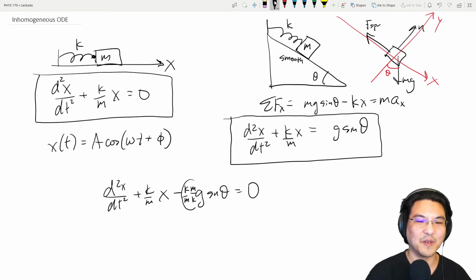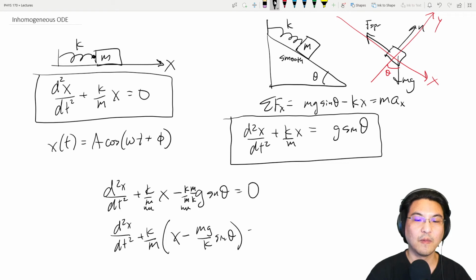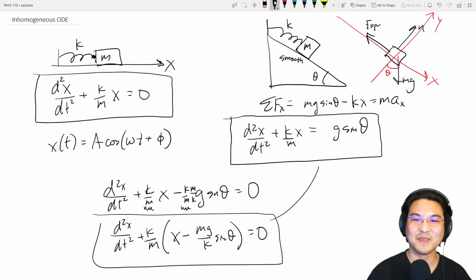Right? k over m, m over k. I mean, that's 1, right? You can always multiply something by 1. But now, see how they have a common factor? I'll rewrite this on another line. So I can factor out k over m. Right? Same thing. So this is the same thing as this.